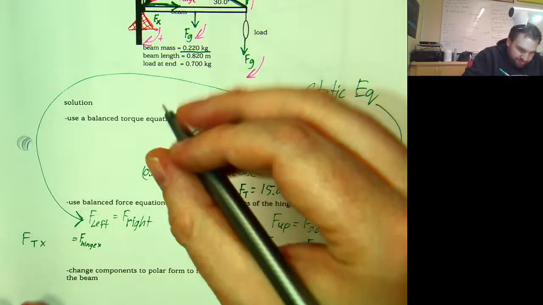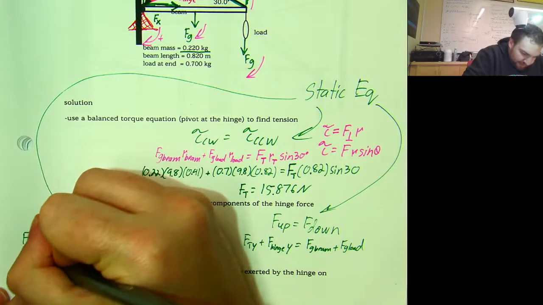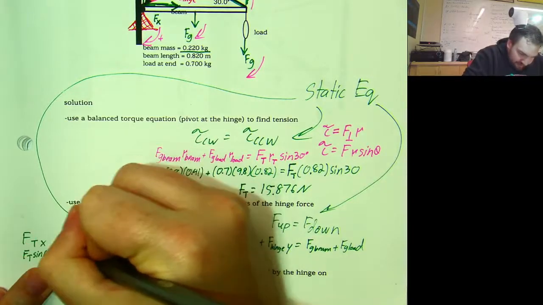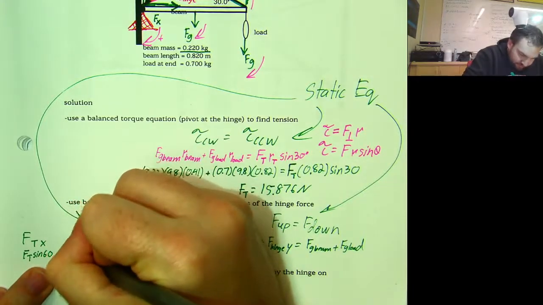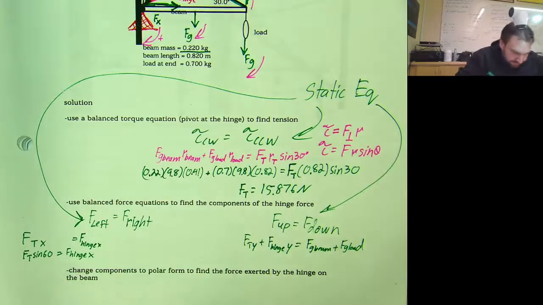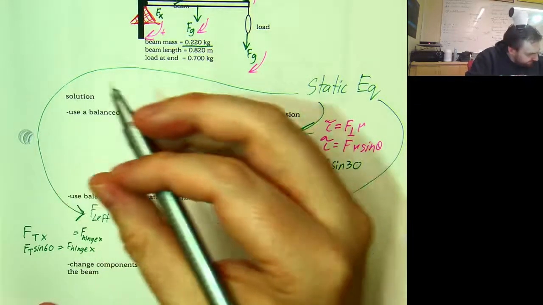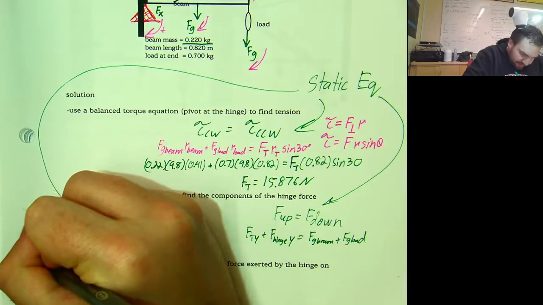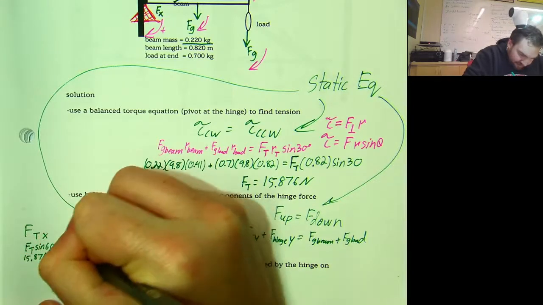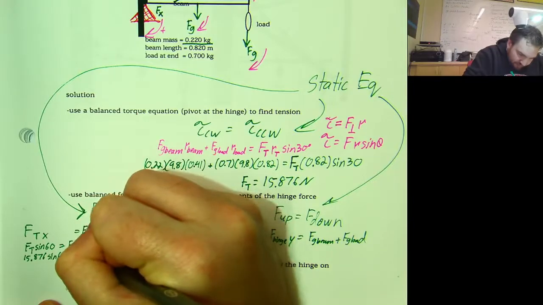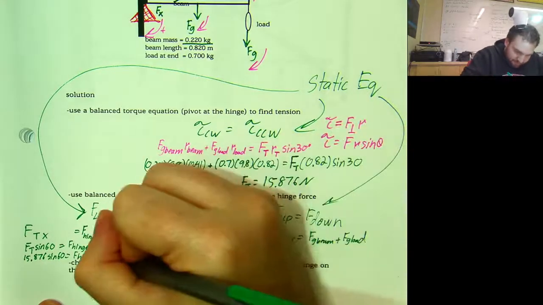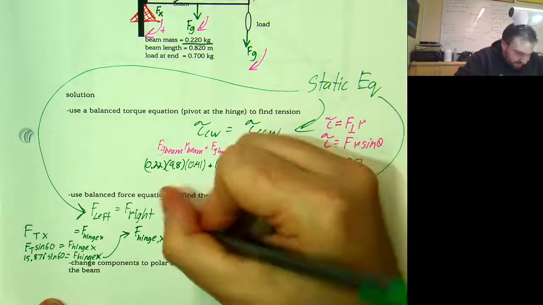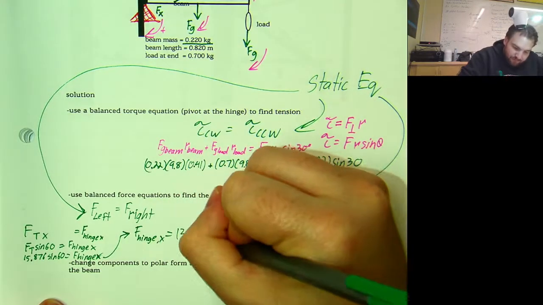So FTX is my tension force times sine 60, and it's going to equal F hinge X. I know FT is 15.876, so 15.876 sine 60 equals F hinge X. The value I got for that is 13.746 newtons.